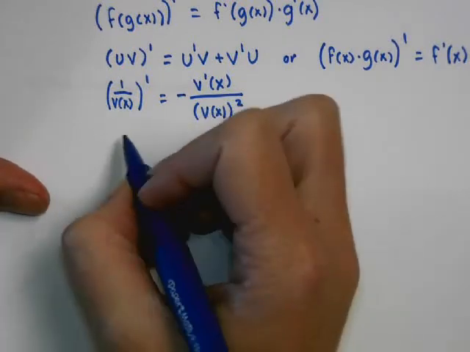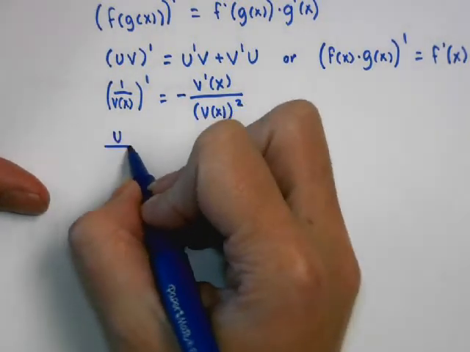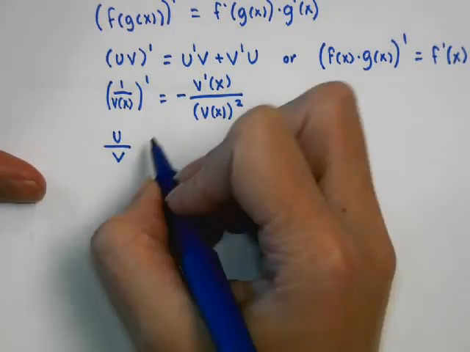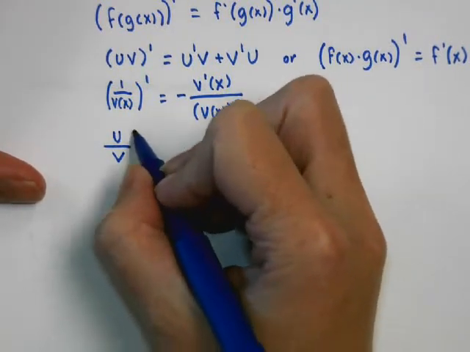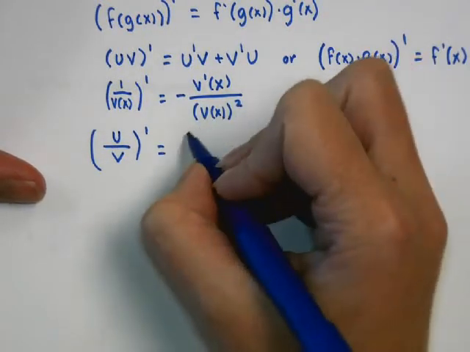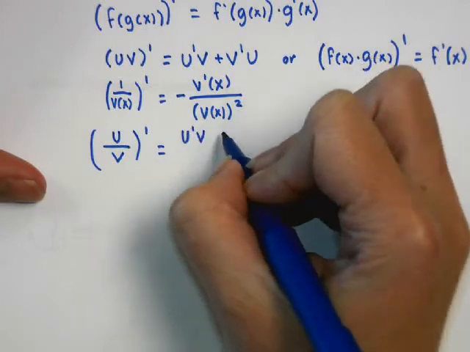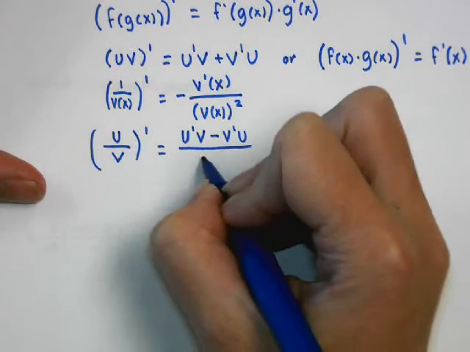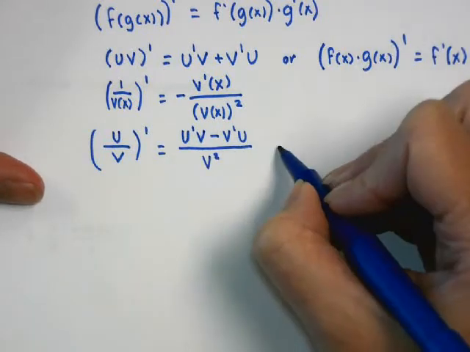So again, you want to make a note card of this. So I'm going to do u over v, and if you want to do this with different letters, you can. The derivative is going to be u prime v minus v prime u over v squared.